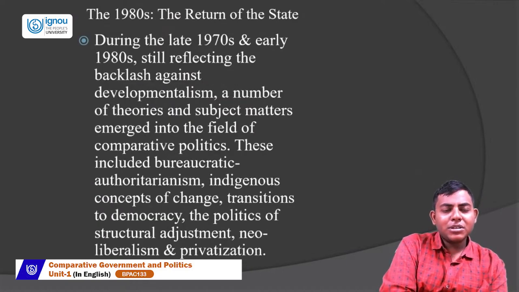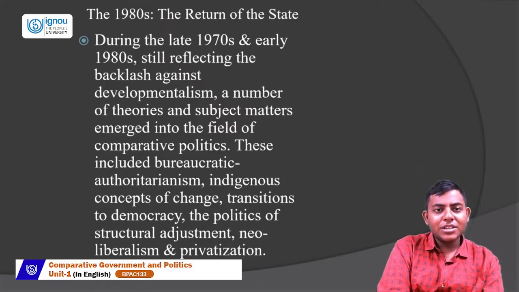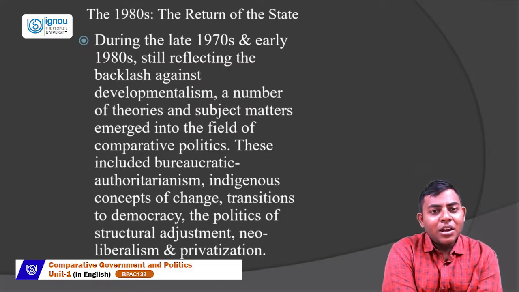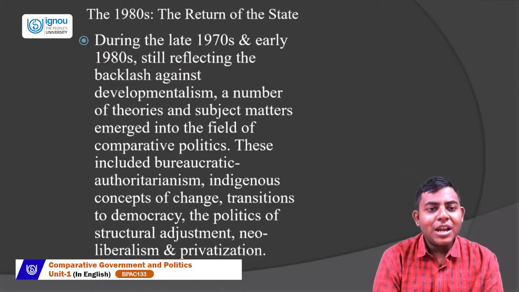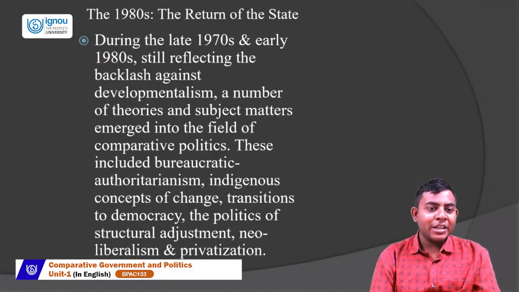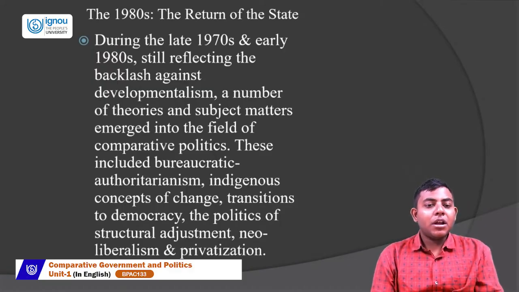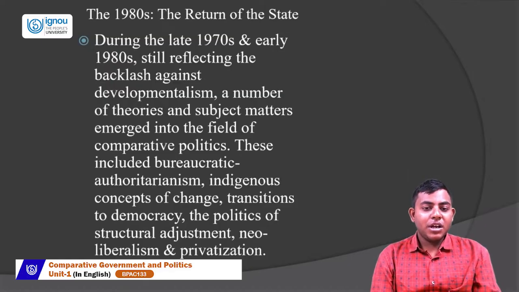Now, if we talk about the 1980s, they witnessed the return of the state. During the late 1970s and early 1980s, still reflecting the backlash against developmentalism, a number of theories and subject matters emerged into the field of comparative politics.